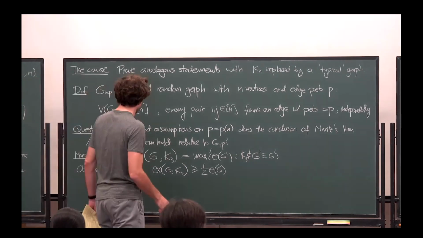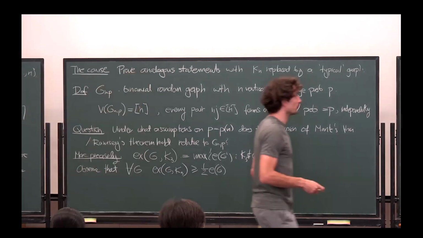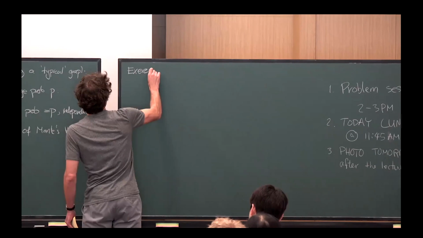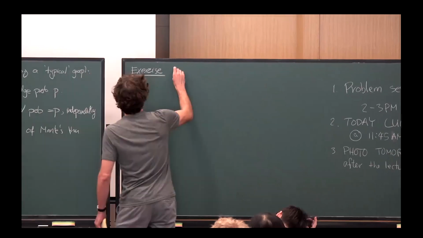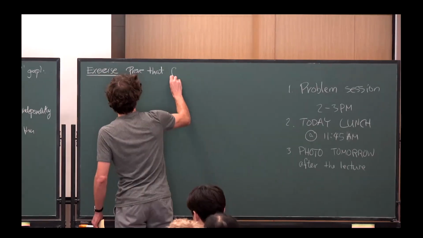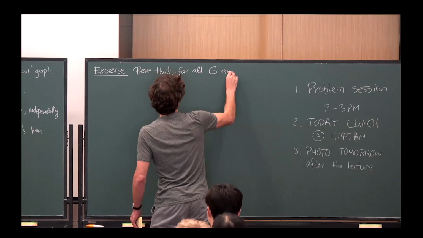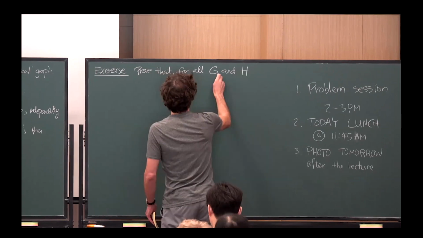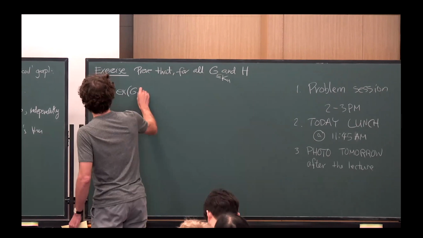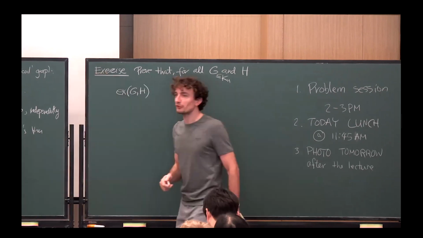And something more general is true, and this will be one of your exercises: to prove that for all graphs G and H, where G has n vertices, and we think of H as a fixed graph. I hope this notation is self-explanatory.